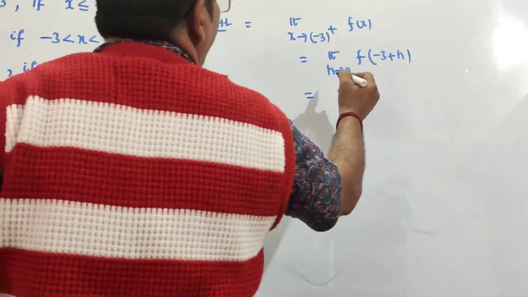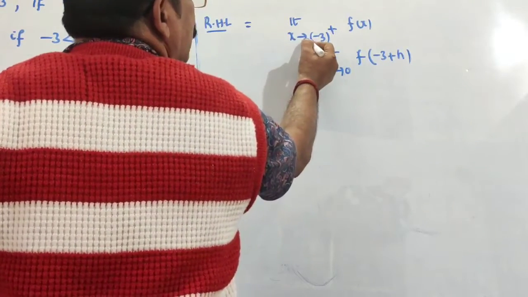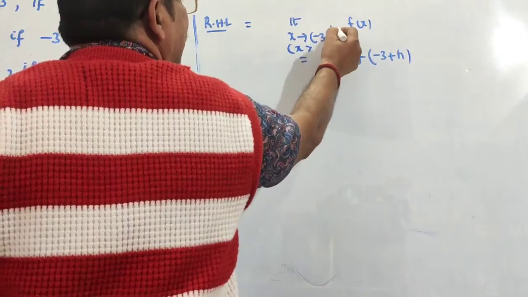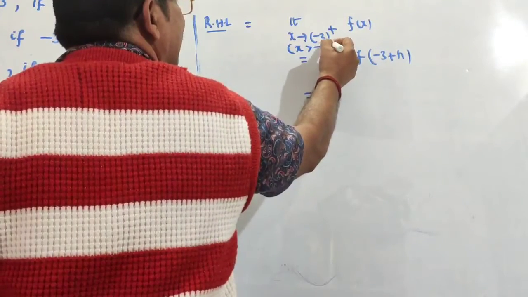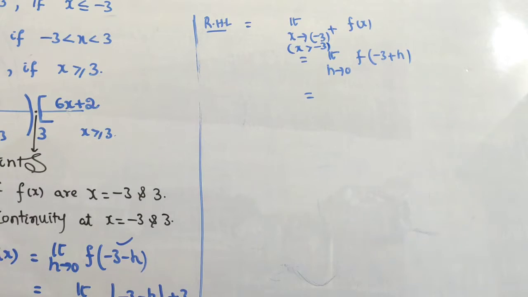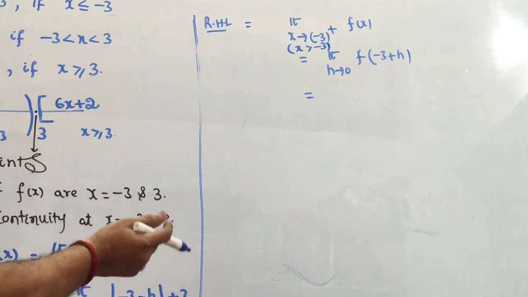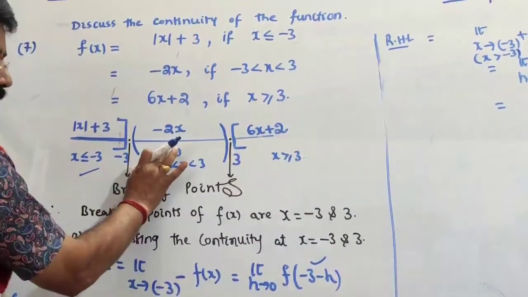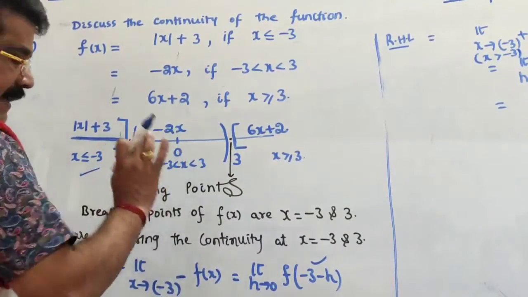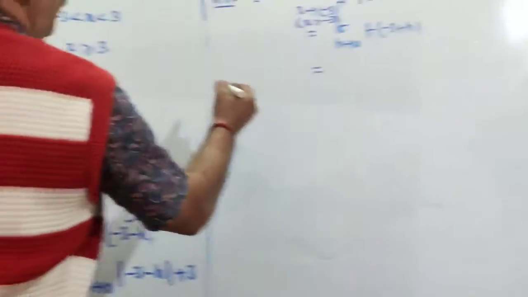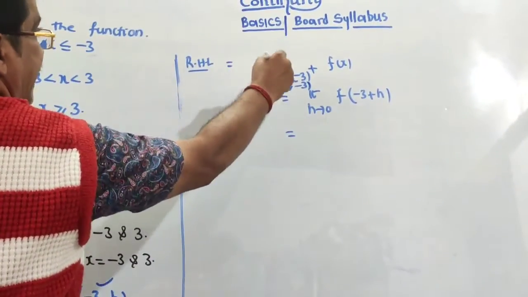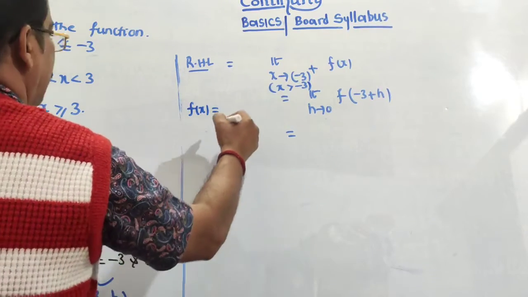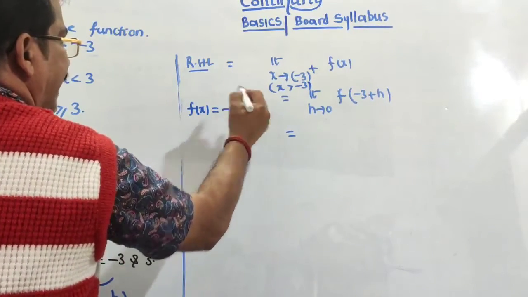Here x tends to minus 3 plus, which means x is greater than minus 3. Where is x greater than minus 3? It jumps to this area. Greater than minus 3 means this area. In this area, f of x is equal to minus 2x.